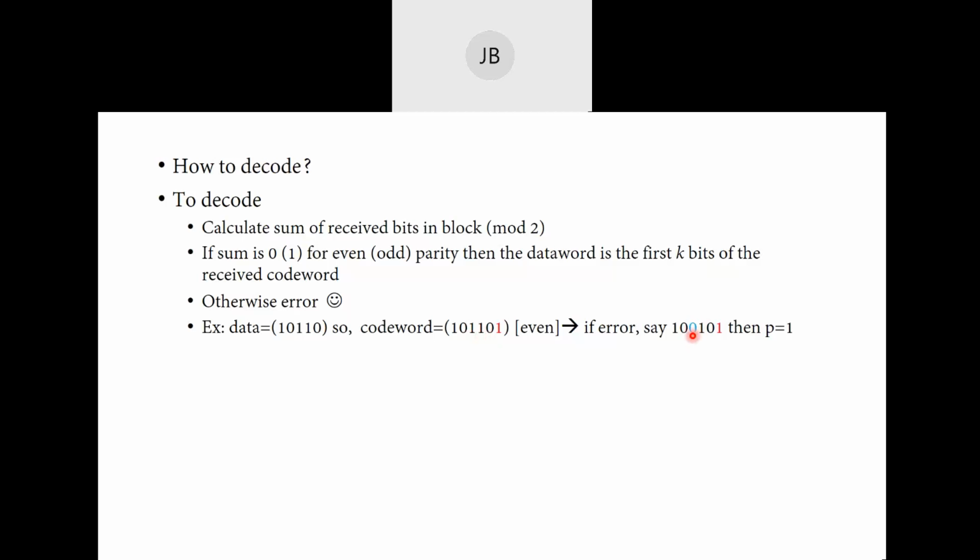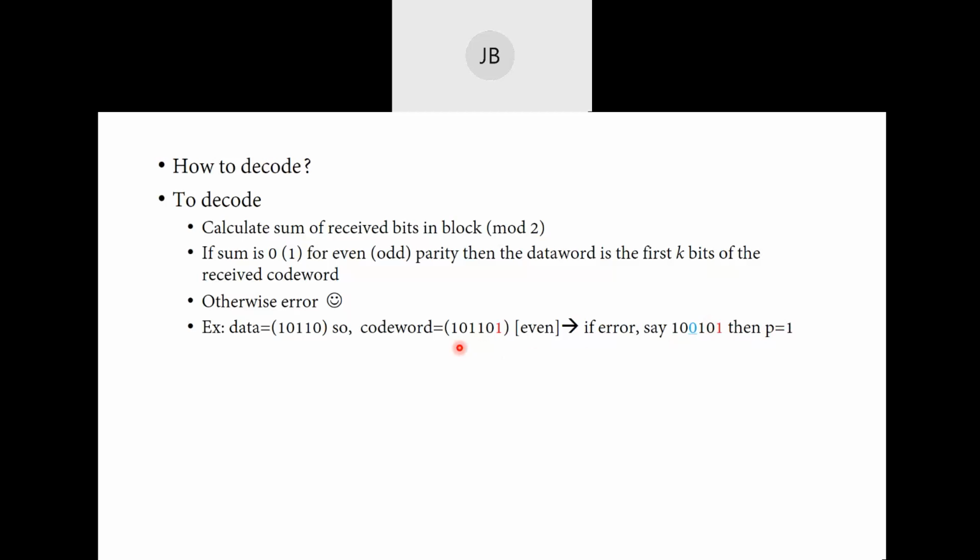So there was some error. Because of that error, the parity, which is the sum of all these bits, became 1 instead of 0. That means the receiver will come to know that there was some error in the transmission. Somewhere there was error.